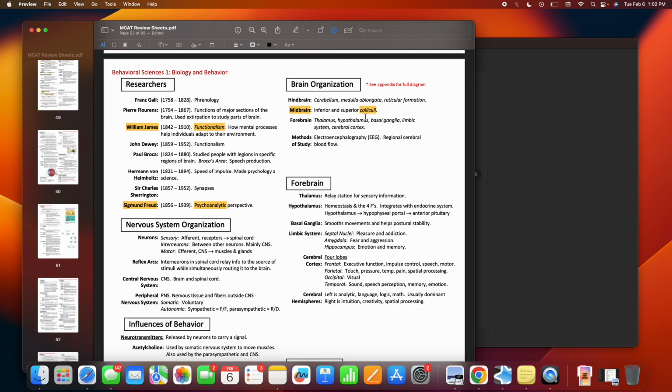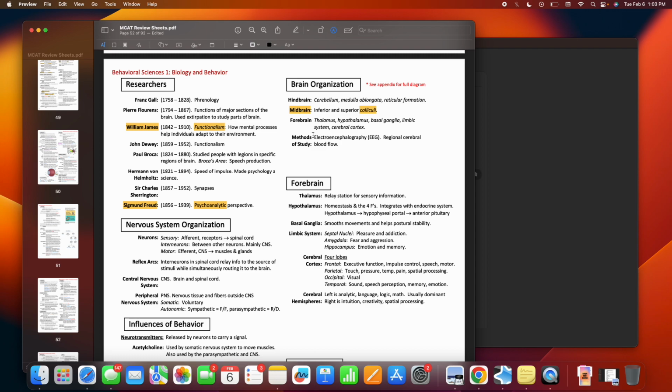Not to confuse this colliculi with the structures that were in the muscular system, which was canaliculi. Those were canals, but colliculi is colliculus. So different. We have forebrain, which is thalamus, hypothalamus, basal ganglia, limbic system, and cerebral cortex.